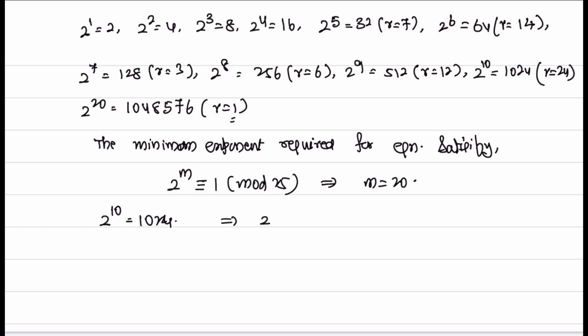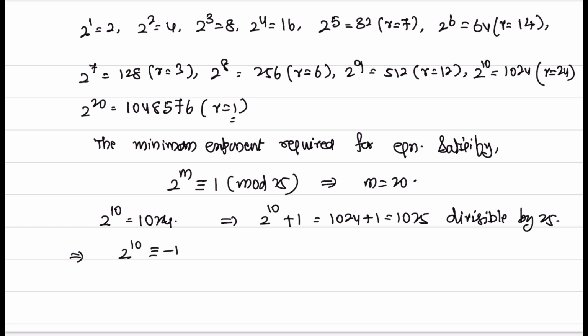That means 2 to the power of 10 plus 1 is equal to 1024 plus 1, that is 1025, divisible by 25. That implies 2 to the power of 10 is equivalent to minus 1 modulo 25.